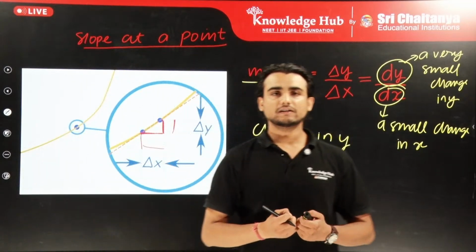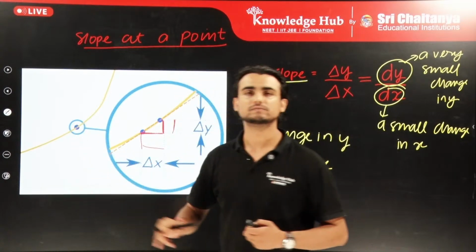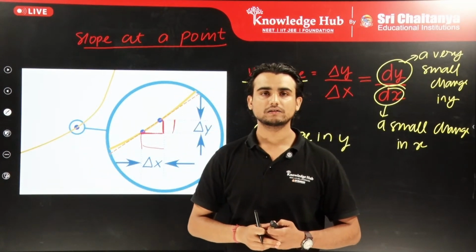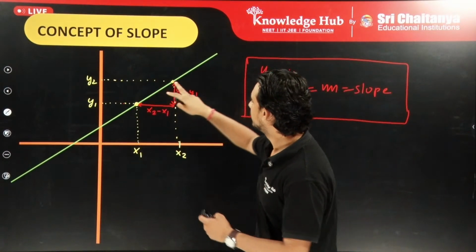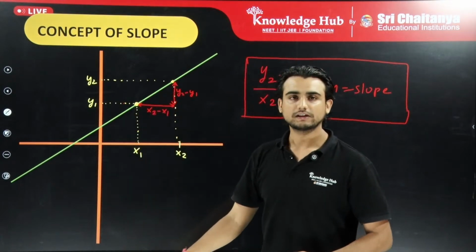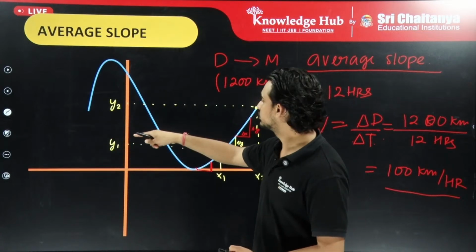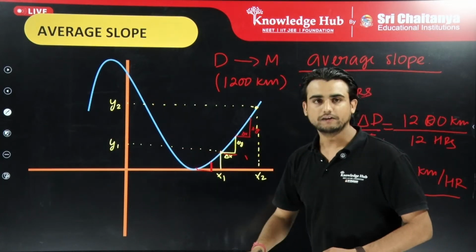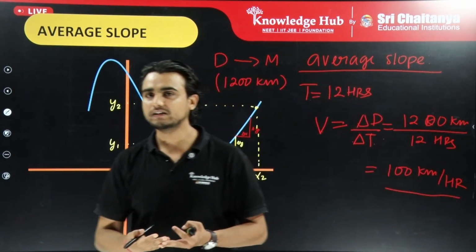So basically we boil down to finding the slope at a particular point, right? Initially we started with finding the slope using 2 points. These 2 points are far apart. Then we took a curve, not a straight line, and found the slope for a curve, and the slope for a curve is changing every time, right?